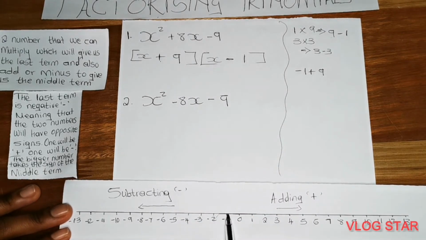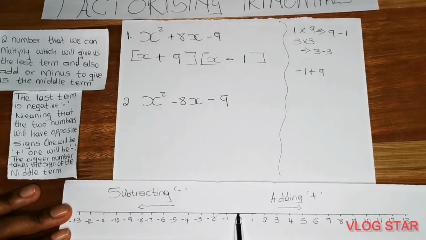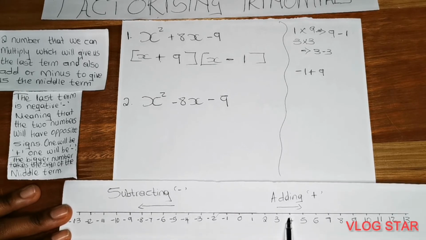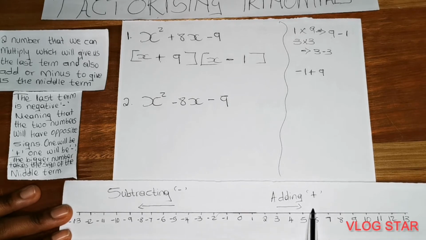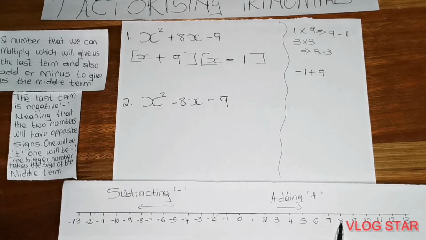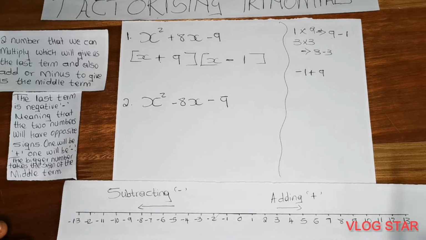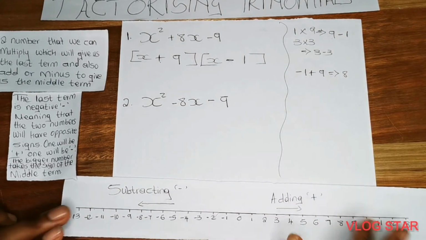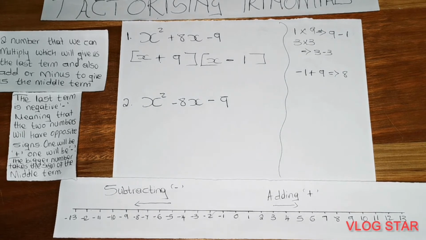Okay, from negative 1, I'm going to move 1, 2, 3, 4, 5, 6, 7, 8, 9, which brings us back to our 8. You see, the order doesn't affect the answer, which gives us 8. So that is just how you can do it.